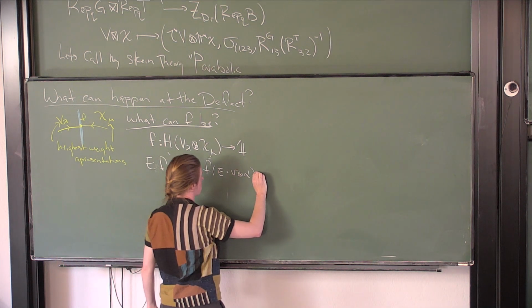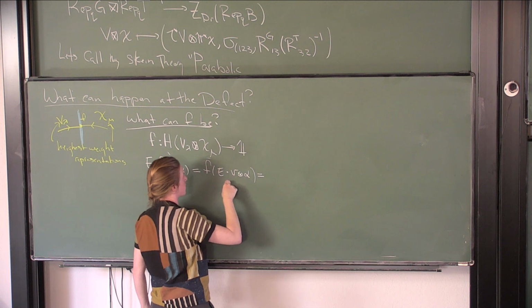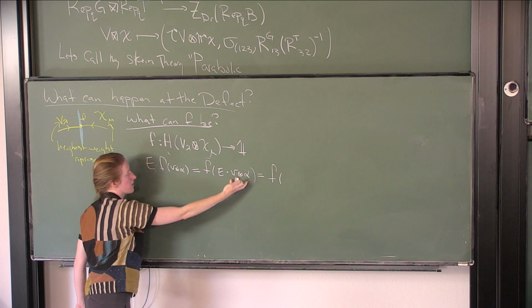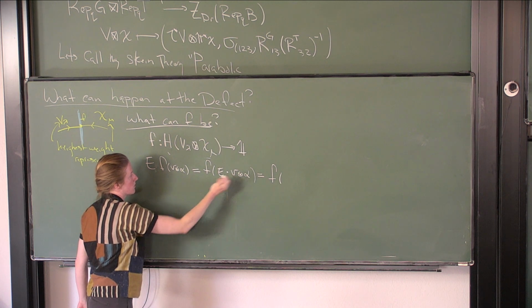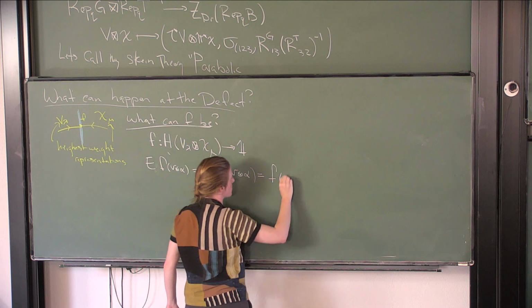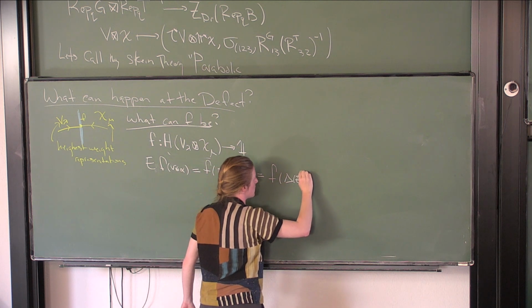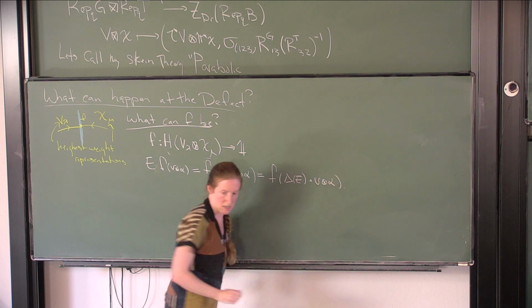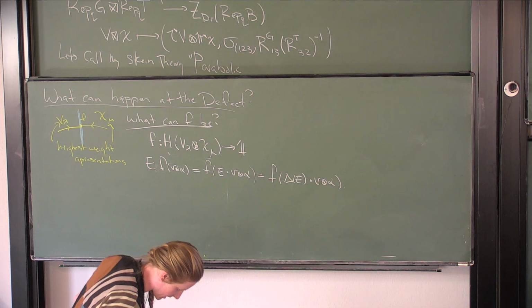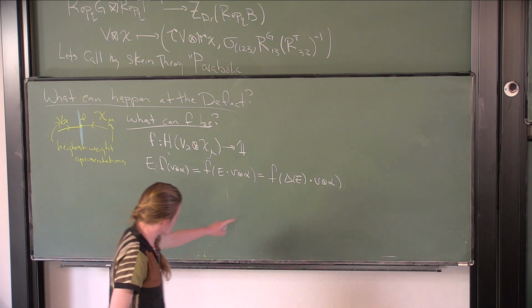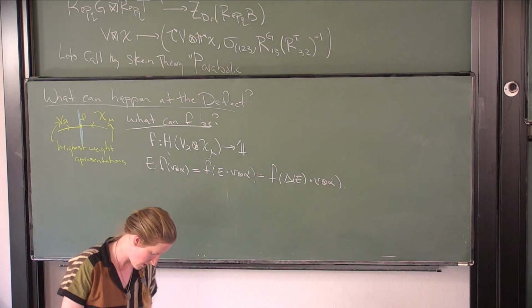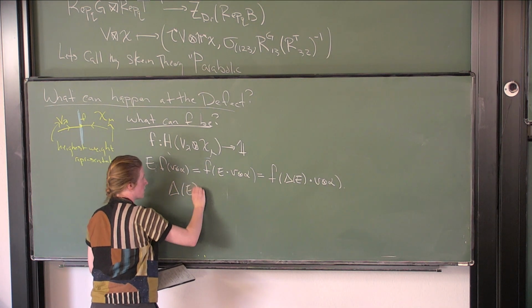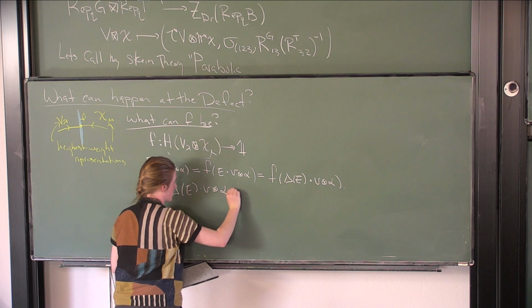Okay, so here, if I'm acting on a tensor product of representations, this is going to have to be delta E acting on V tensor alpha. I'm always paranoid about messing up computations at the board. So let's think about what this thing is. Delta E acting on V tensor alpha.